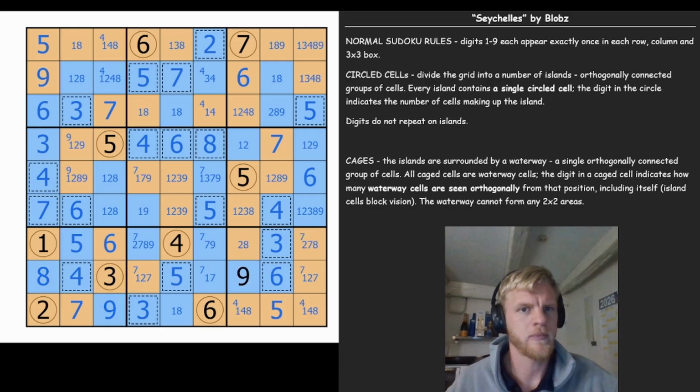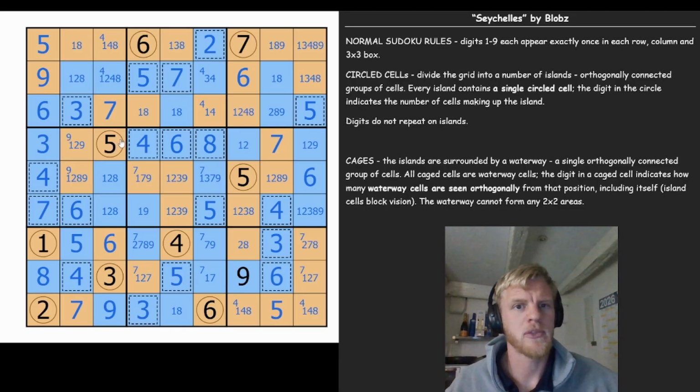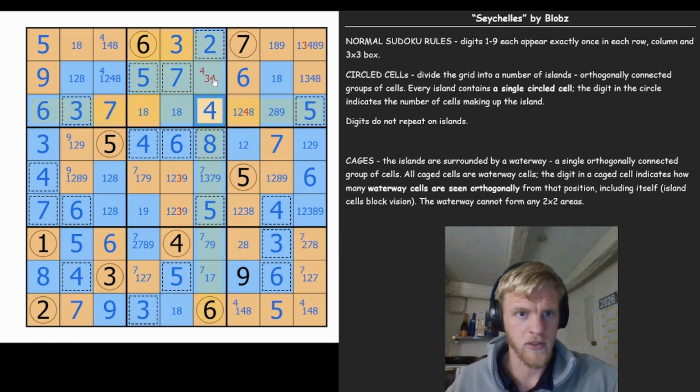I think yes. So now what that means is we can check for the island rule that this island has no 2 6s or anything like that. I don't think that helps a lot. What helps more is looking for pairs like this 1 and 8. Rules out 1 and 8 out of this cell and 1 out of this cell, so gets the 4.